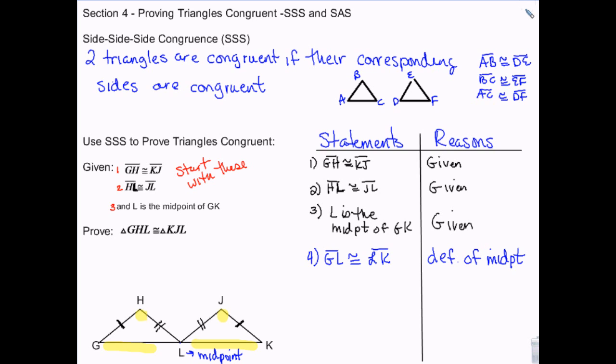And then the next step is you either define something, you might have to add, subtract, multiply, or divide something. You might have to substitute one thing for another. Or you might have to introduce something, for example, a common side or vertical angles. But usually definitions are one of the most common things that pop up. We were told a midpoint, and the definition of midpoint tells me that this is in the middle, so this length is the same as that length.